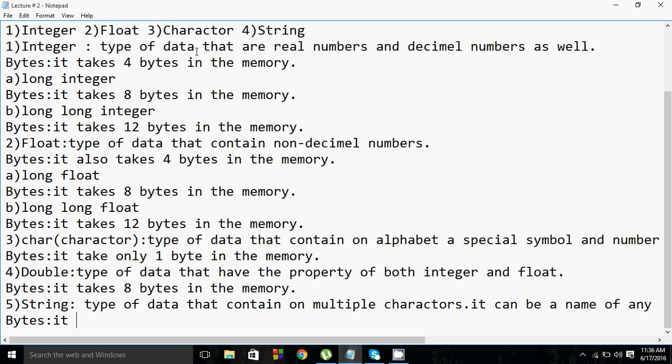So its bytes directly depend on the length of the string.